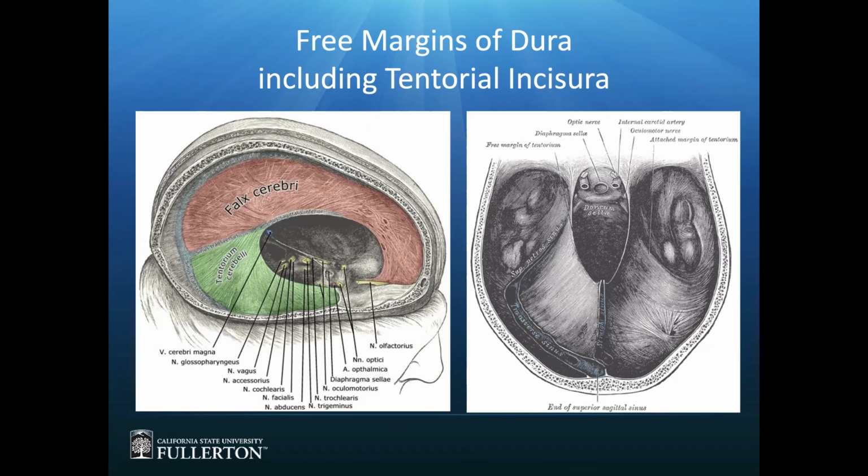Here we see it on this view in which we're looking down. Here is the tentorium cerebelli. Here is the notch, and the midbrain comes right through it. But what's the consequence? Well, when the brain is injured in trauma, it will tend to swell. And management of that swelling is a big part of why people survive brain injury now much more than they did a few years ago. But it'll start to swell.